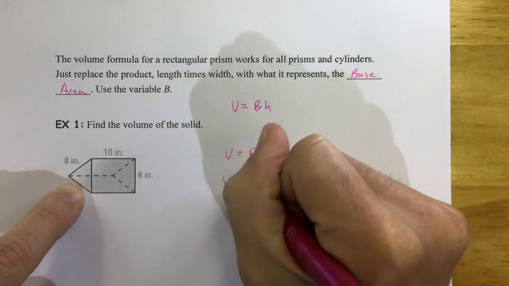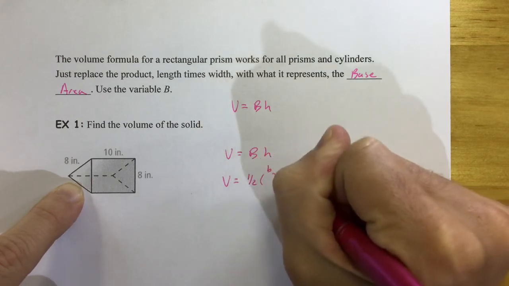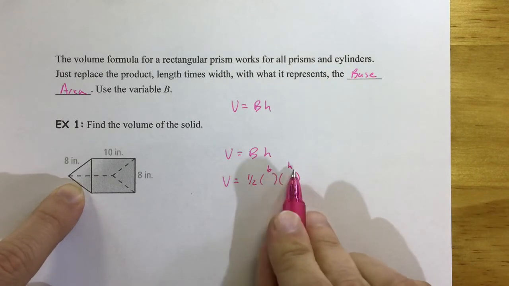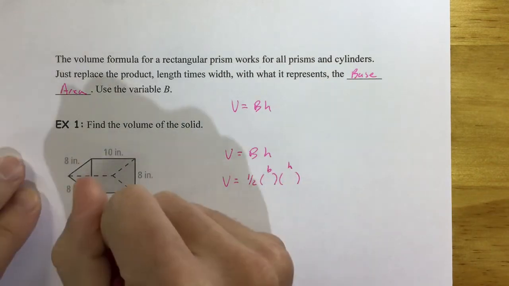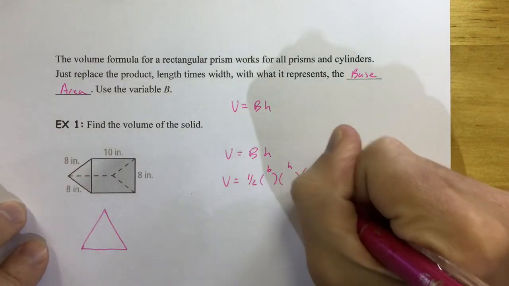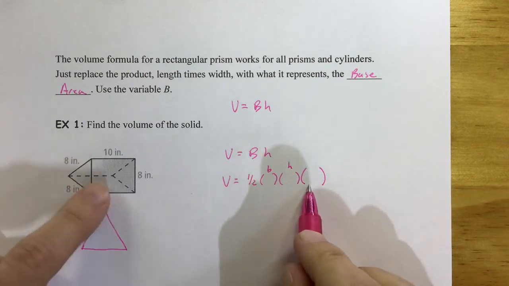In this case, it's going to be 1/2 little b times, and this is where it gets confusing, because there's a base and a height that refer to the triangle, but then there's another height, which is the length of the figure, and that one here is the 10.